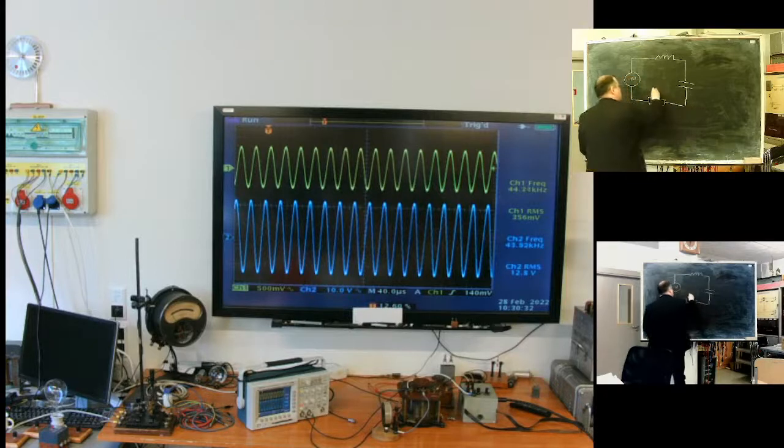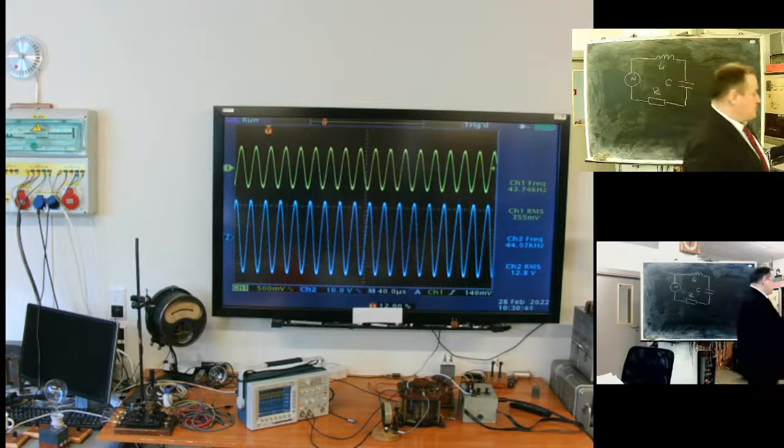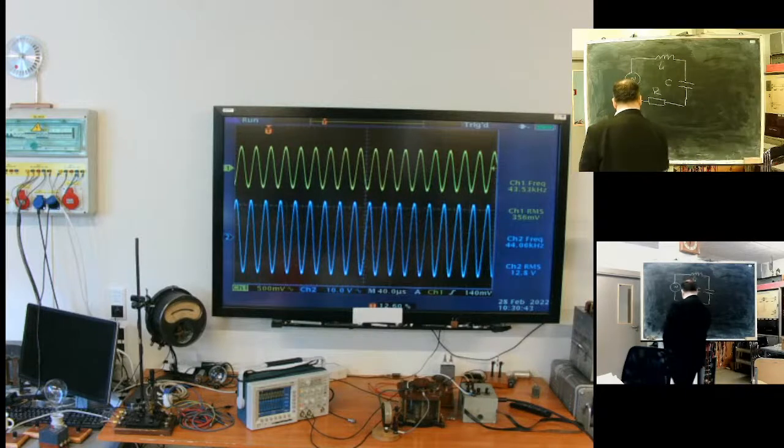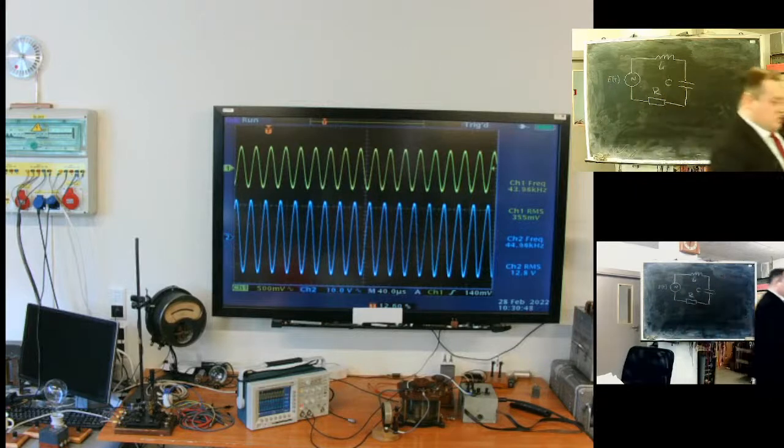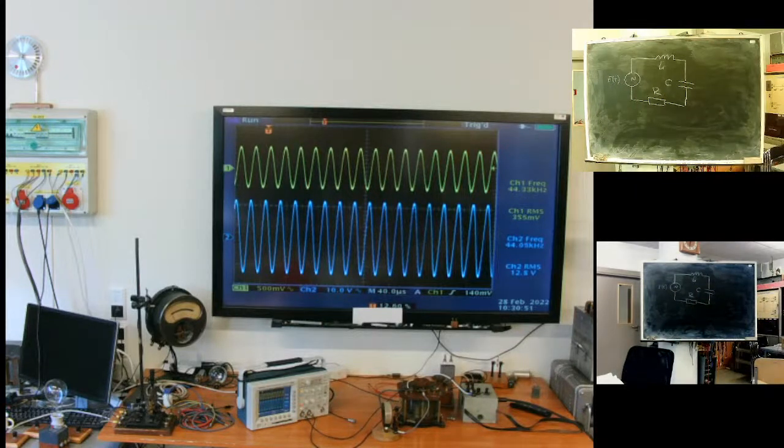Let's say we have a circuit of active resistance, capacitance, and a nice coil. We have something like this. And we have a power source. It's not important at this moment what kind of source we will have.